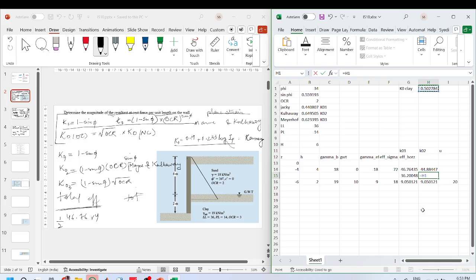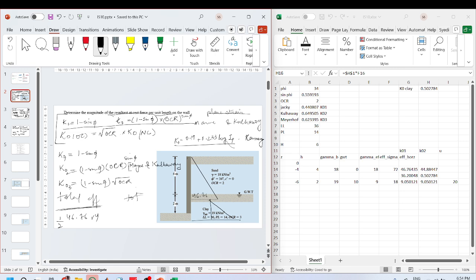So we will have 46.76 here, and then we will go a little back at 36.20 here plus 9.05.